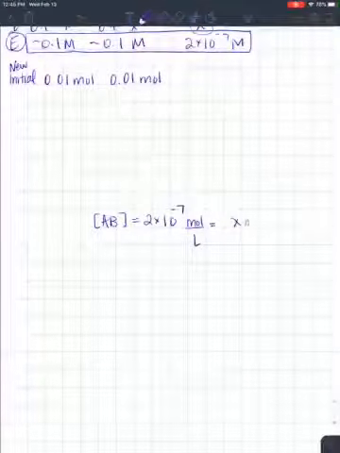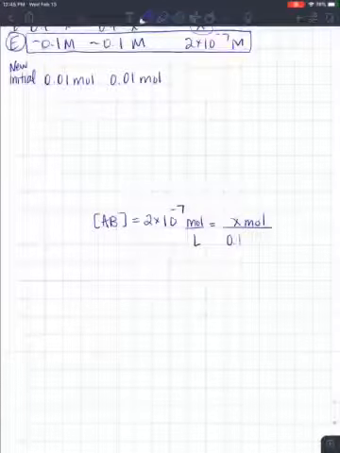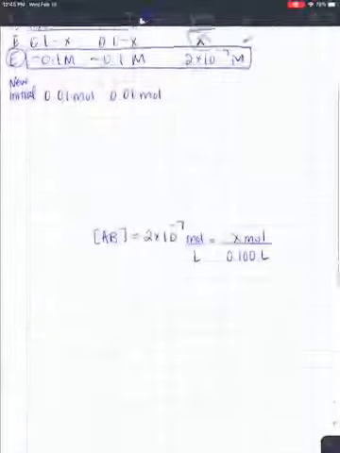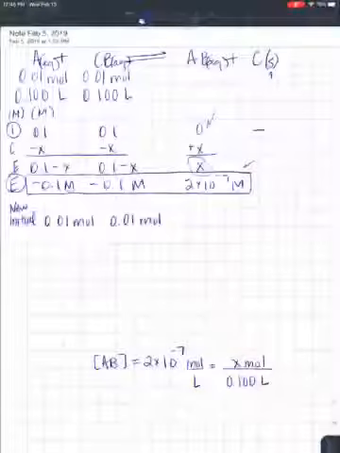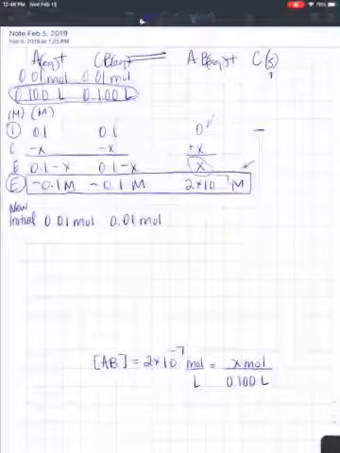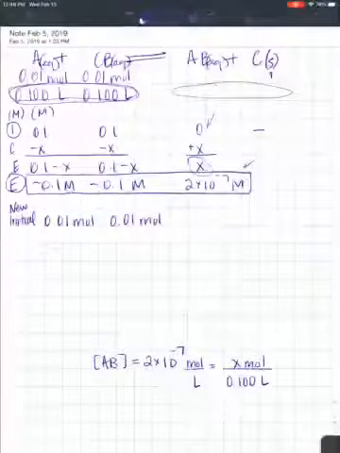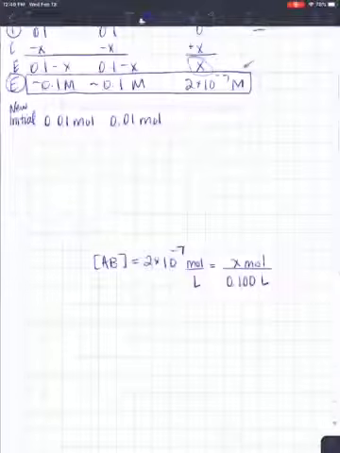I don't really know how many moles, but I do know that I was in a volume of 0.1 liters because that's what was mixed. My reactants were delivered in 0.1 liters, which means that my products would have to be formed in the same volume.